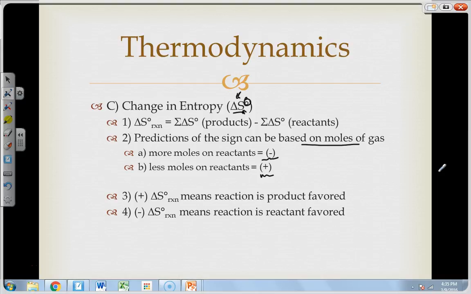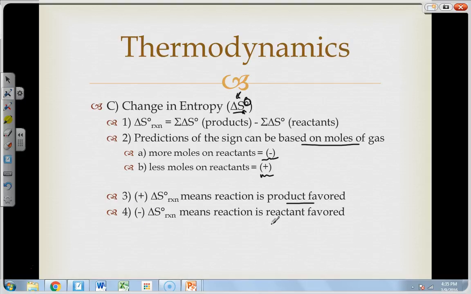It's more likely to go to the product side of the reaction. This happens because the second law of thermodynamics says that the entropy of the universe is always increasing. So if the randomness is increasing because of a reaction, that means it's more likely to go toward the products than stay as the reactants.